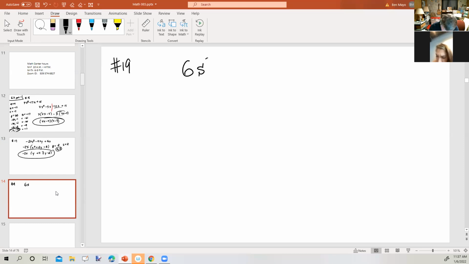6s to the 5th power minus 26s to the 4th power minus 20s to the 3rd power. This is a trinomial. It is in standard form, descending powers of s. Greatest common factor: we could take a 2 out of the 6, the 26, and the 20, and we can take an s cubed out of all the terms.